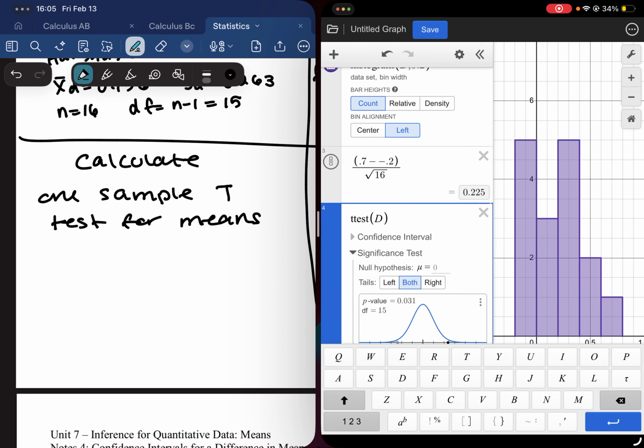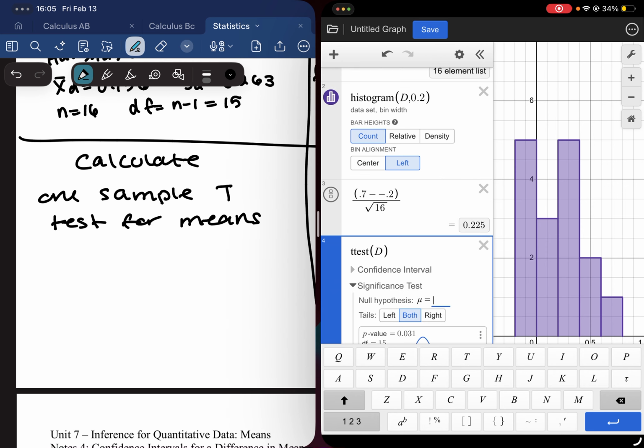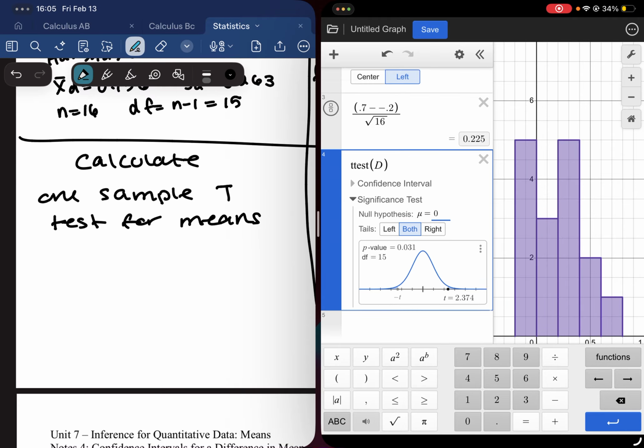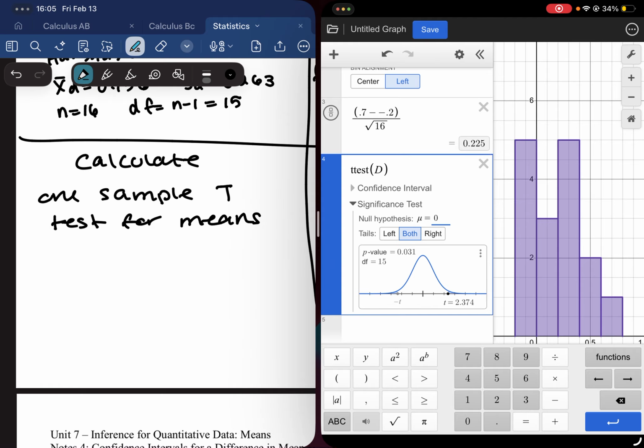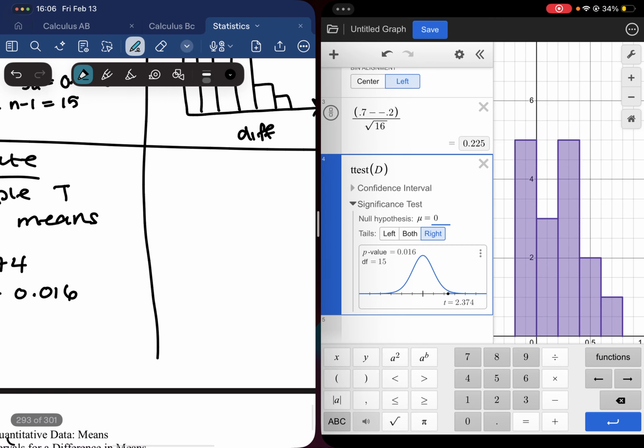This is a significance test where mu is equal to 0. And then since this is mu is greater than 0, we're going to look at the right side. And this gives me a t-star value of 2.374. And then a p-value of 0.016. So then I'm going to use this to write my conclusion.